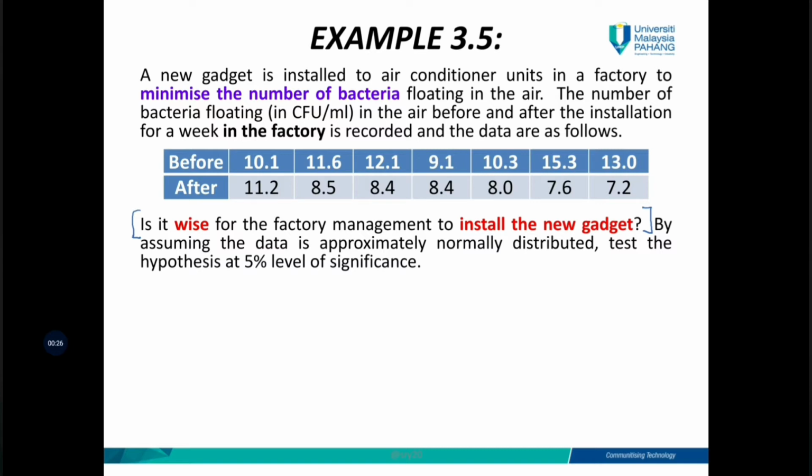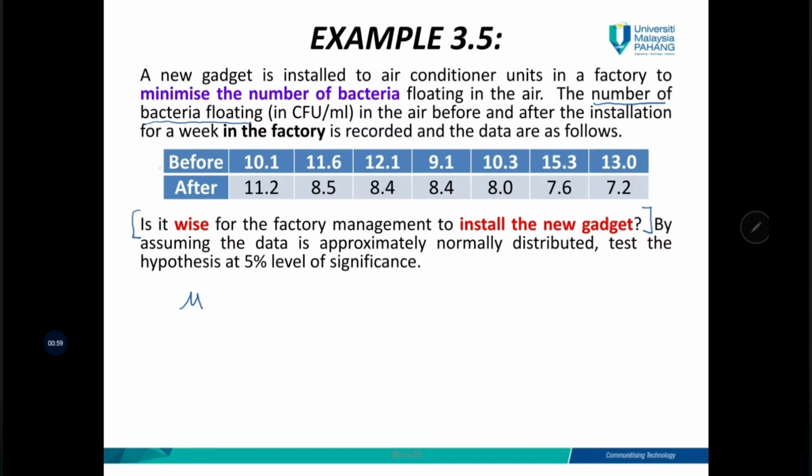To decide which parameter we need to use, we can look at the data given. The data is about the number of bacteria floating, so the most suitable parameter that we need to consider is mu.